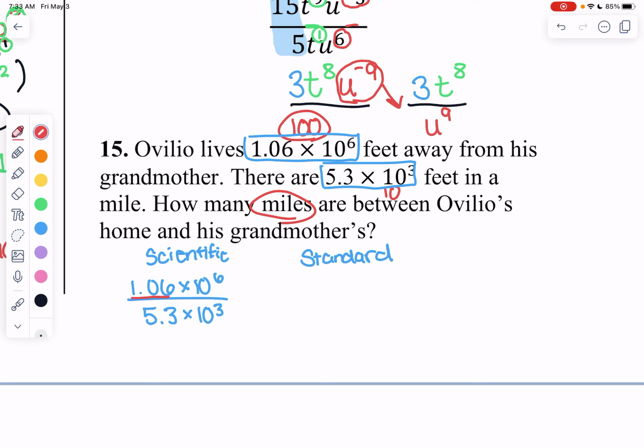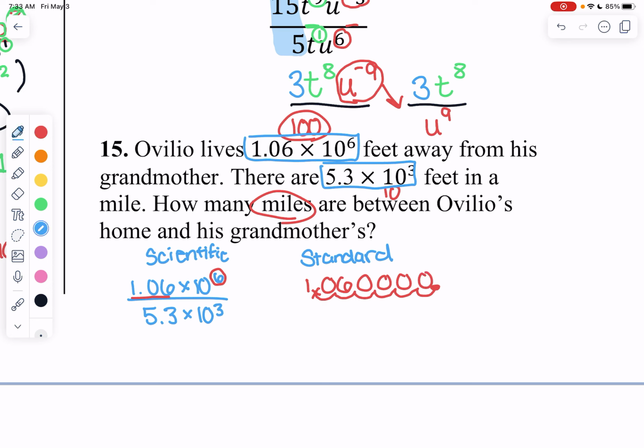I take the first number, 1.06. I kill the decimal point and I move it. This time we have positive exponents, so these decimals are moving to the right. So that moves 1, 2, 3, 4, 5, 6 to the right, and I will fill in my blanks with zeros.